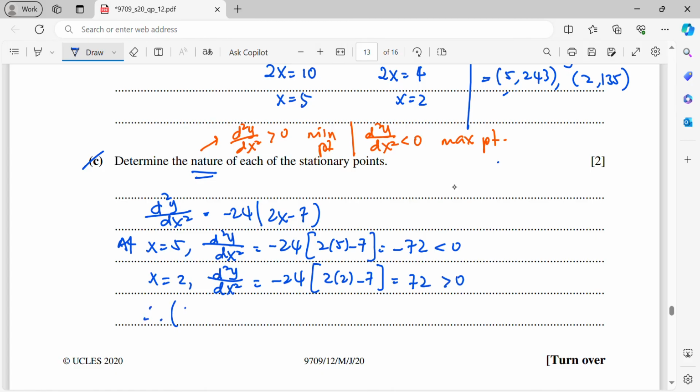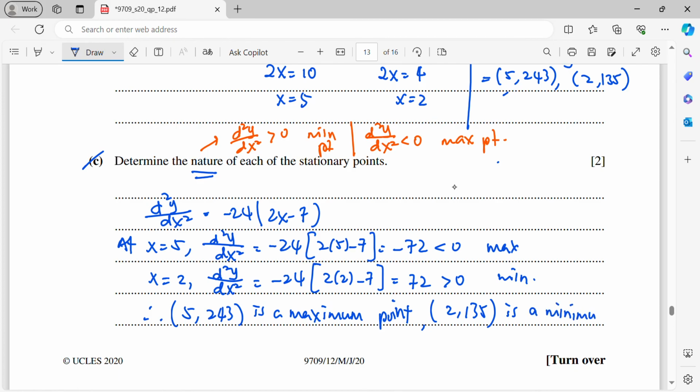So which means (5, 243) is a maximum point, and the other point is a minimum point. Alright, so done for this question.